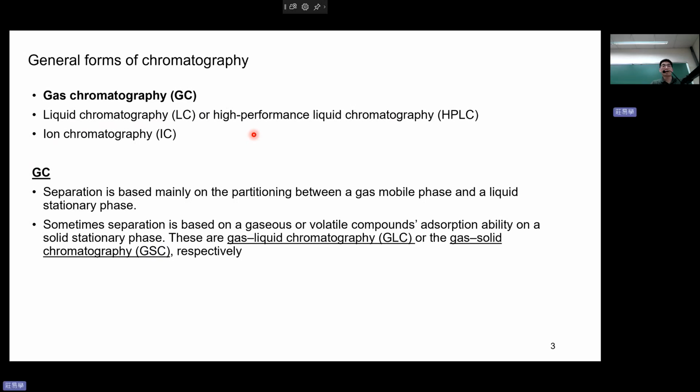Okay, so get back to gas chromatography, or GC. The separation in GC is based mainly on the partitioning between a gas mobile phase and a liquid stationary phase. Imagine that you have a column, and after injecting your sample into the machine, remember in the case of GC, the sample should be in the gaseous phase.